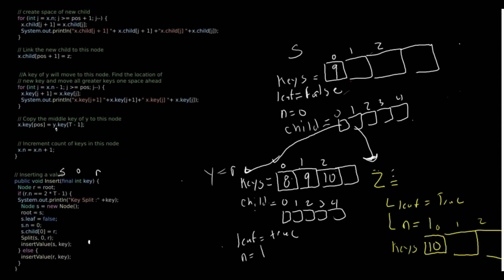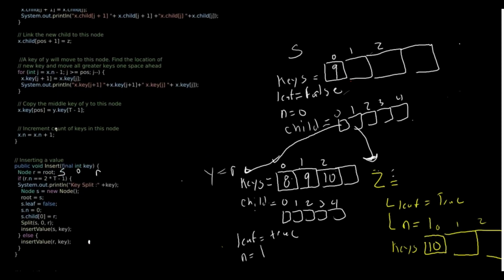If you go over here, right over, and right over here, X. So X is S, just want to be clear, and we increment it by 1.